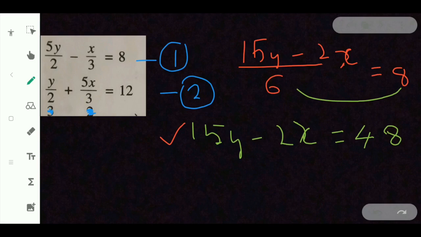And the denominator of y, that is 2, I should multiply with 3 to get 6. So when I am multiplying the denominator with 3, the numerator also should be multiplied with 3. So 3 into y is nothing but 3y.